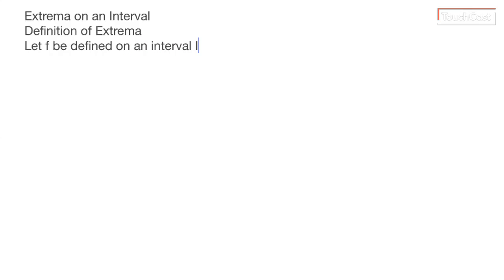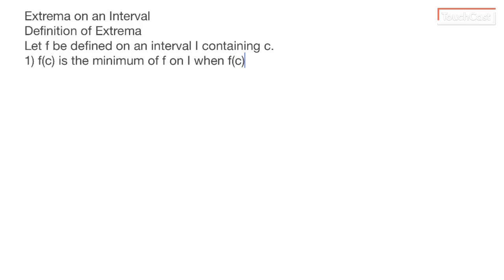We're going to call that interval I, containing a value c. What we can say then is f of c is the minimum of f on the interval when f of c is less than or equal to f of x for all x values in the interval.